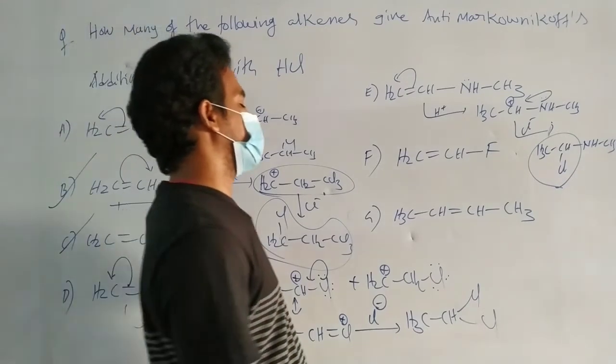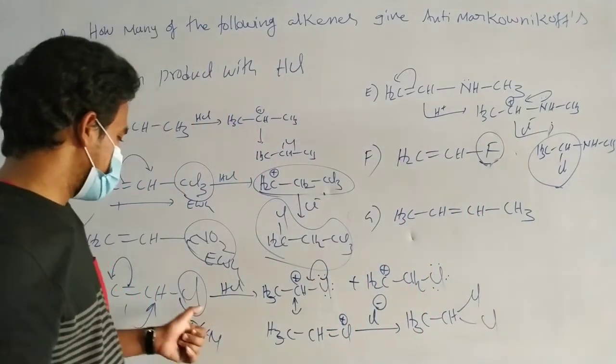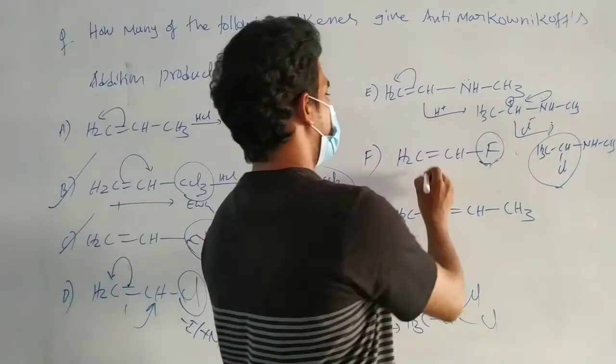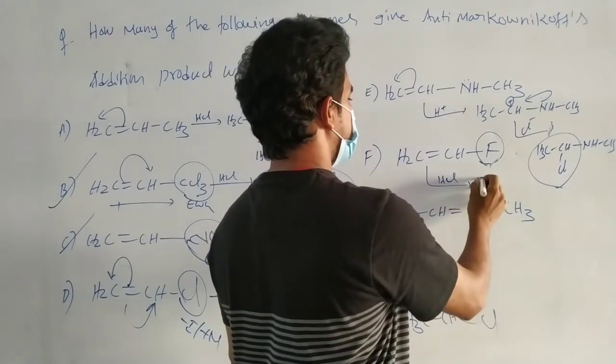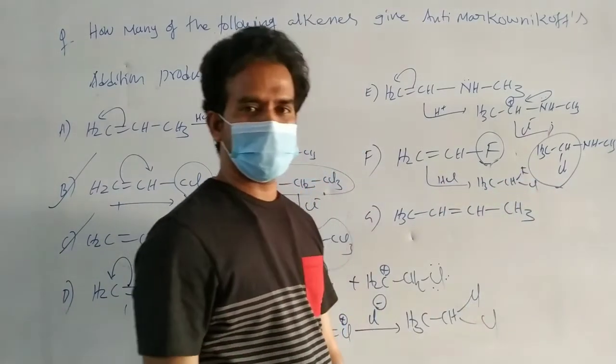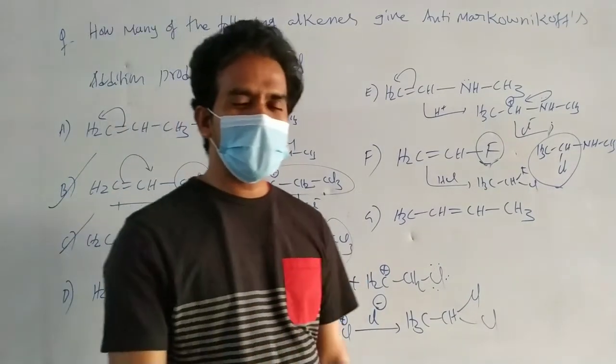Now next, this one: vinyl fluoride. This also follows a Markovnikov addition, CH3CHFCl. Now coming to this one, it is a symmetrical alkene.